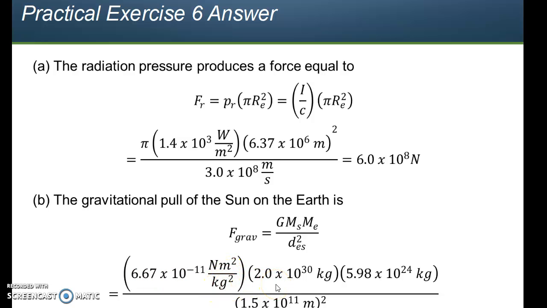The sun has a mass of 2.0 times 10 to the 30th kilograms. Earth has a mass of 5.98 times 10 to the 24th kilograms. And it's divided by 1.5 times 10 to the 11th meters squared. That's the distance, right? And so I did get the same number that they did of 3.6 times 10 to the 22nd newtons.